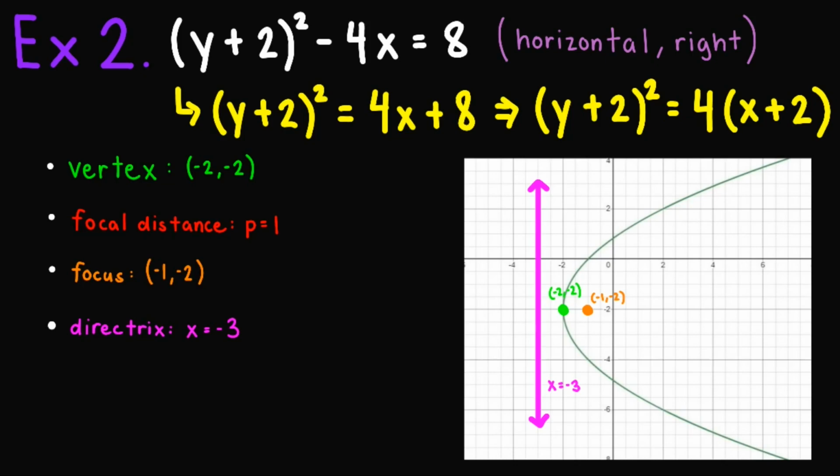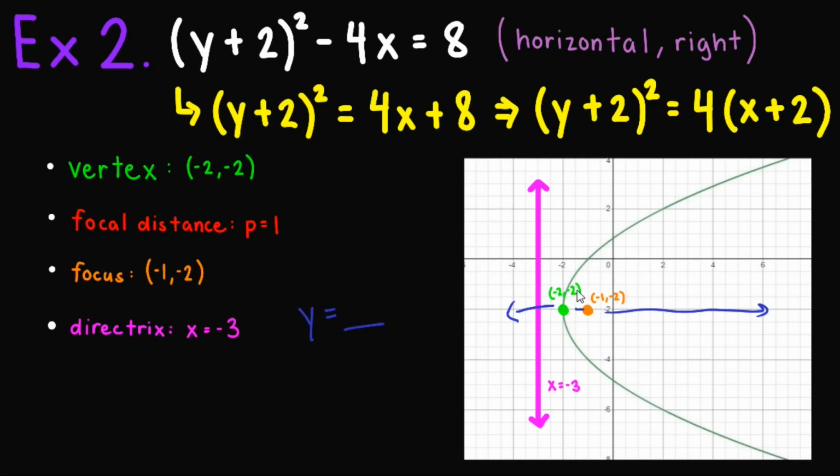The next thing to find is the major axis. In this case, the major axis is a horizontal line, since it must pass through the focus and the vertex. And in this case, the focus and the vertex are aligned horizontally. So to determine the line in this one, since it is a horizontal line, it is given by y equals a certain value.